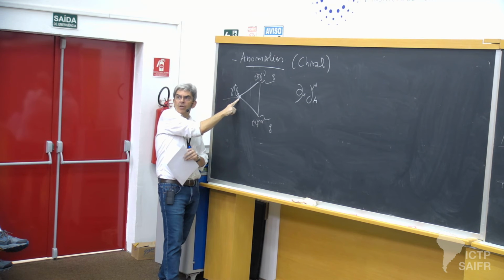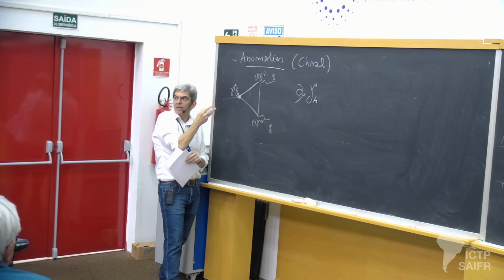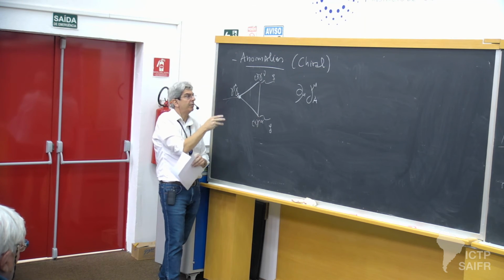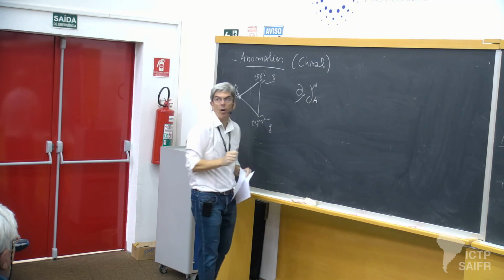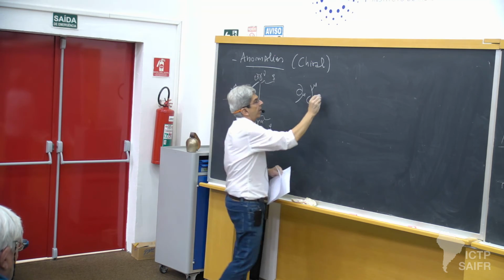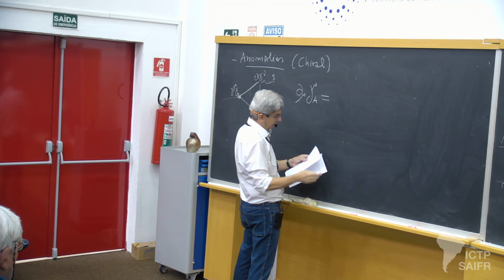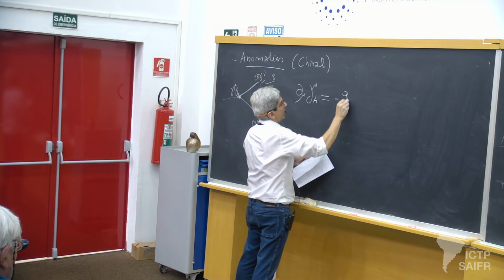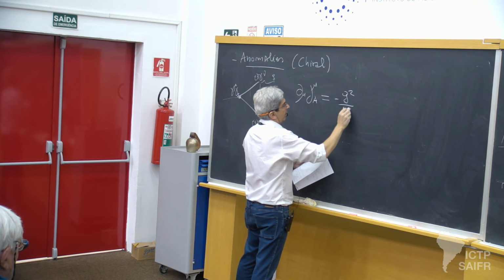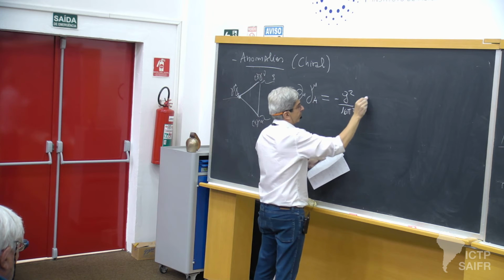If I take the doublet of the axial current, with the sigma^A divided by 2, that's not anomalous, but the U(1) axial, if you compute it, turns out to have an anomaly, which is like this. That I have to write once.